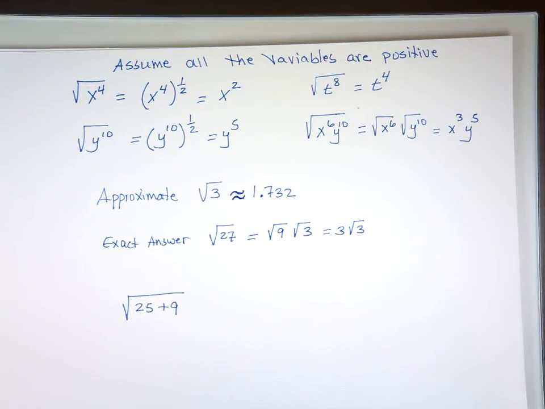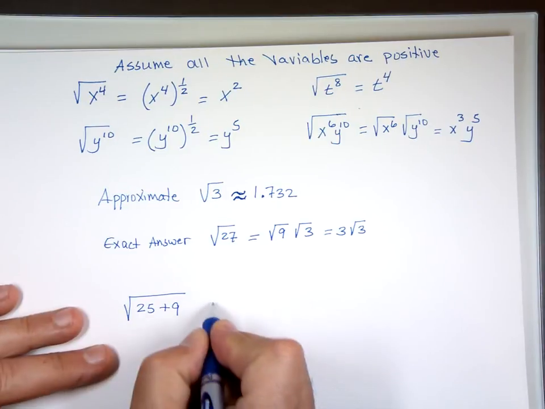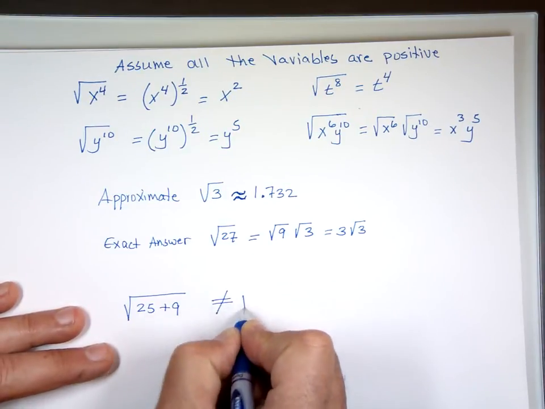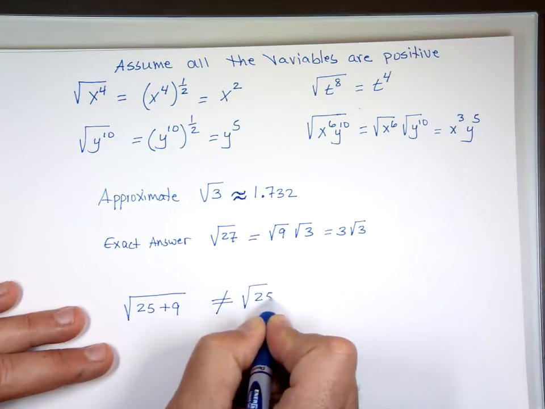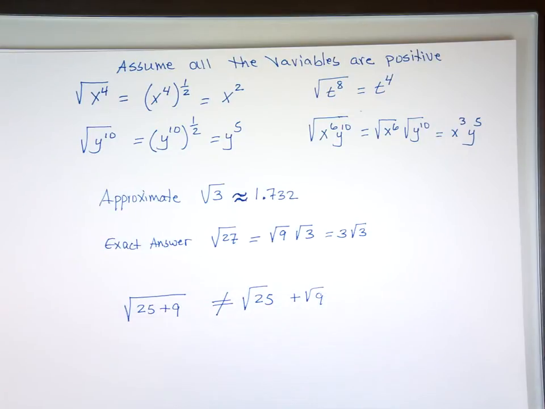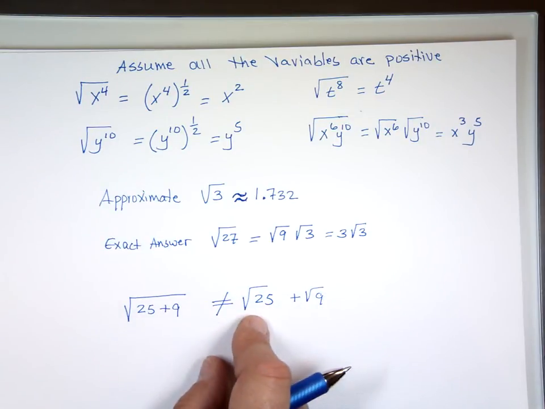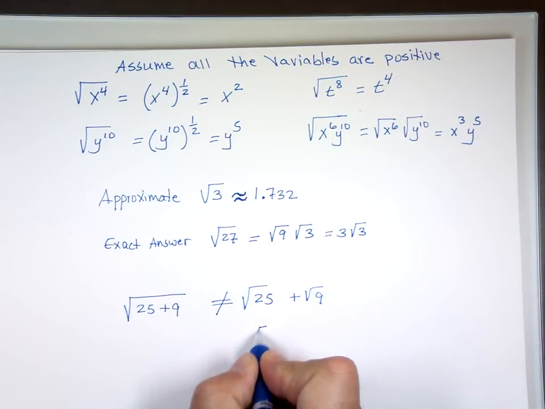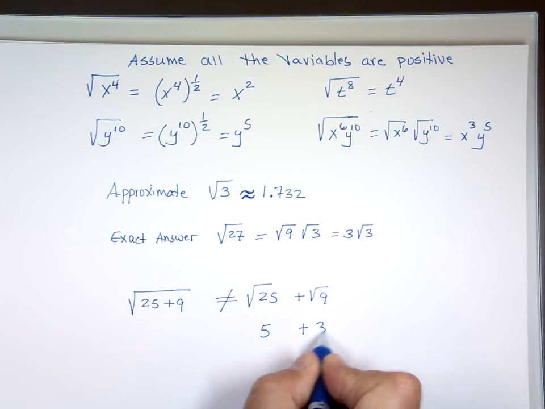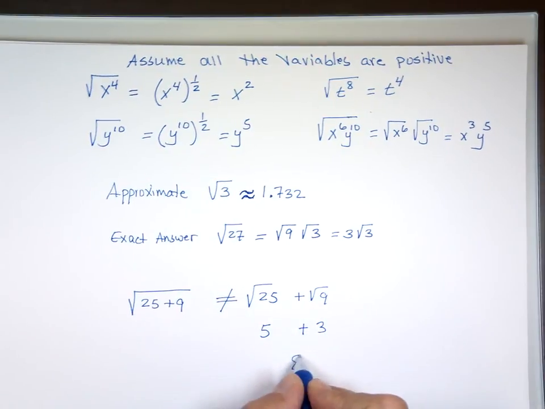Now, this is definitely wrong. If you break it down, the square root of 25 plus 9 does not equal the square root of 25 plus the square root of 9. Because what's the square root of 25? It's actually 5. What is the square root of 9? 3. What's 5 plus 3? 8.